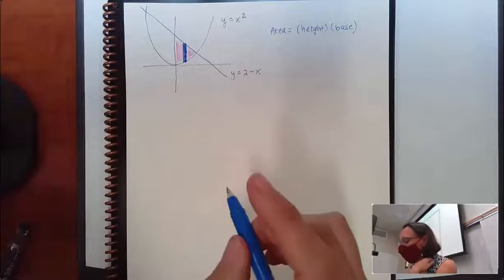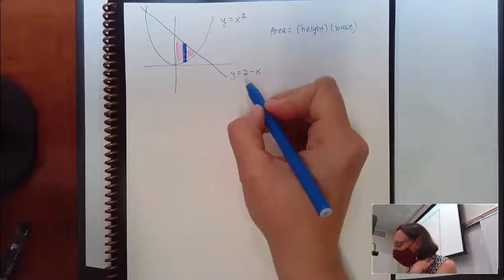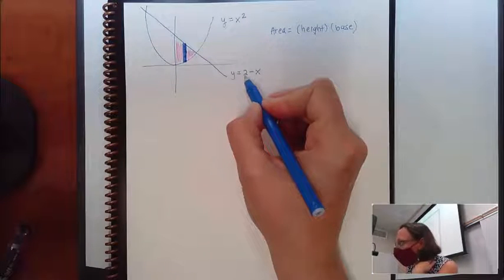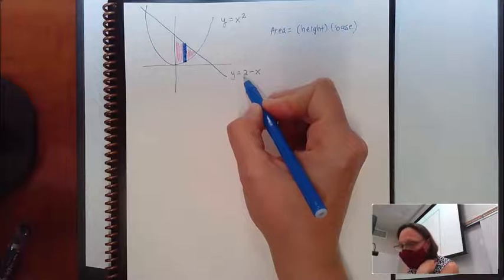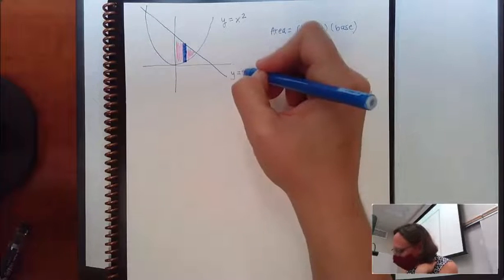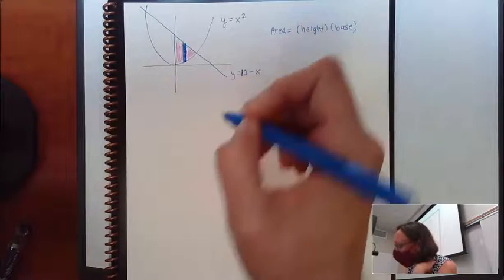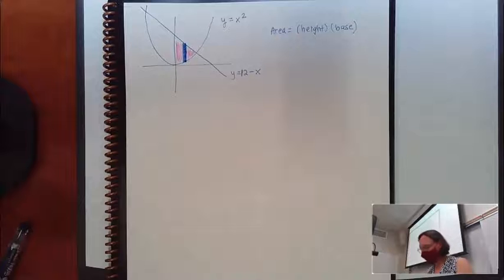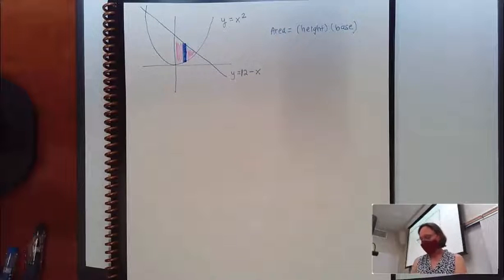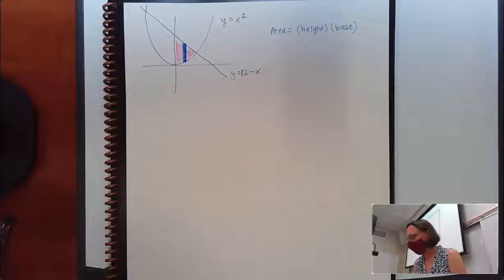Will you all forgive me if I change my 2 to a 12? Make sure you change it in your notes, or you're going to look back later and not know what happened. Make it a 12, not a 2. My picture's not perfectly to scale, but whatever.